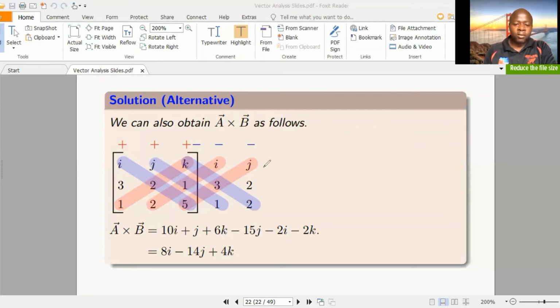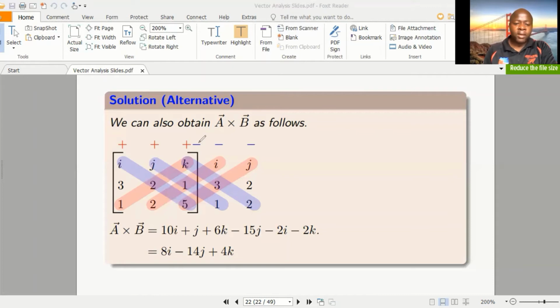And then you notice that we also have other 3 diagonals in red. They're running from top right to bottom left. So we multiply along these diagonals and subtract the results. That's why I've written here plus, plus, plus. That means along this diagonal we multiply and add.